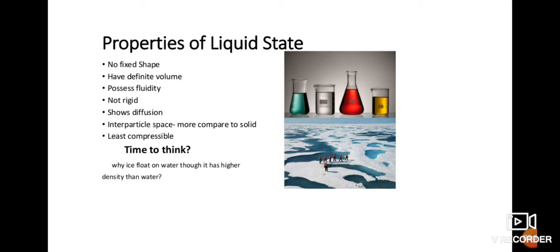Now, the intermolecular force of attraction is a bit weaker as compared to solids. That is why they can flow very easily. Now, the intermolecular space is a bit larger as compared to solids. That is why they also show the property of diffusion.